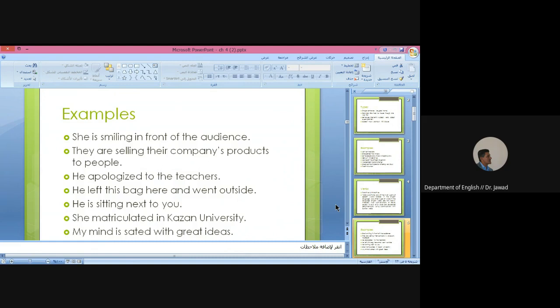For instance, the first one: she is smiling in front of the audience. Now, what is the verb here?